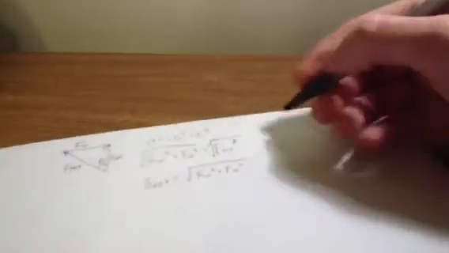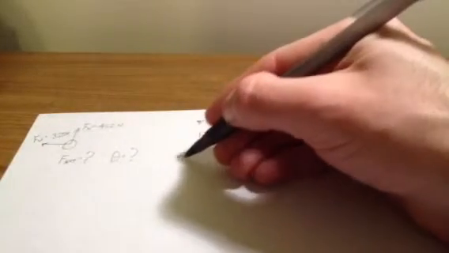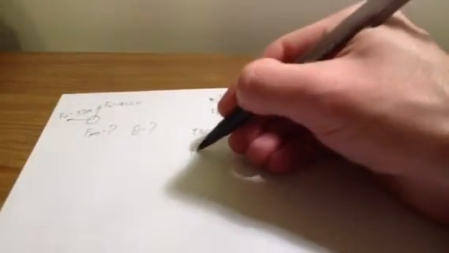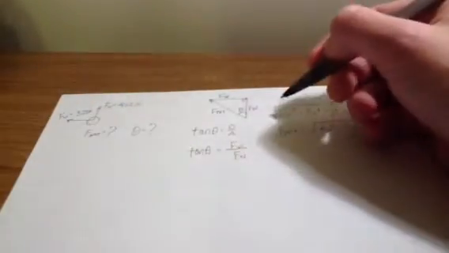So tangent theta, and I'll just go ahead and put it down here so we can still see our triangle. Here we go. So tangent theta equals opposite over adjacent. So when we plug in for our variables, it's tangent theta equals our opposite, which here is our force to the west, divided by adjacent, which is our force to the north.